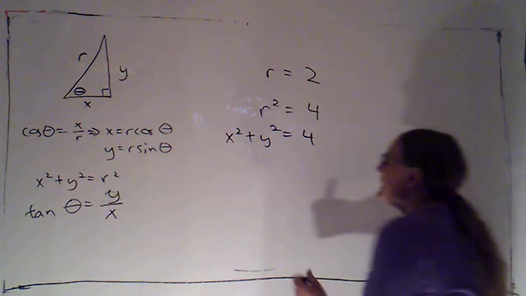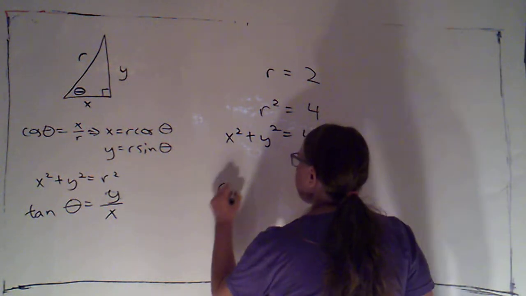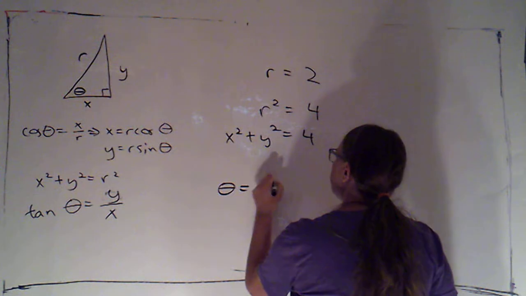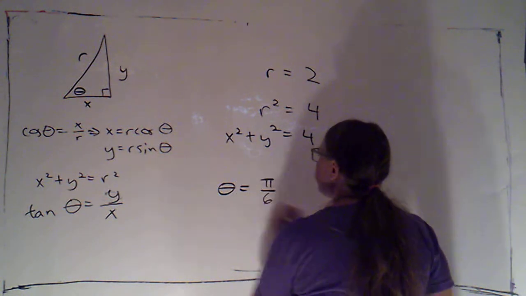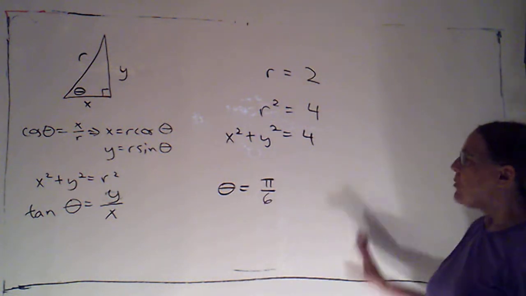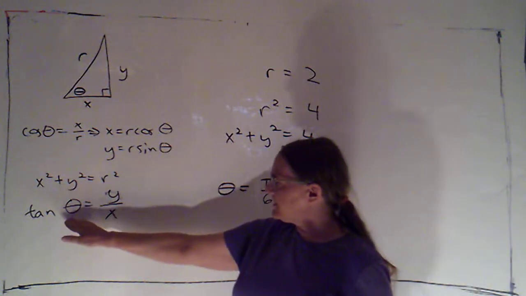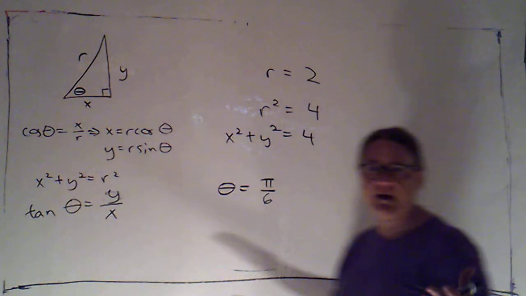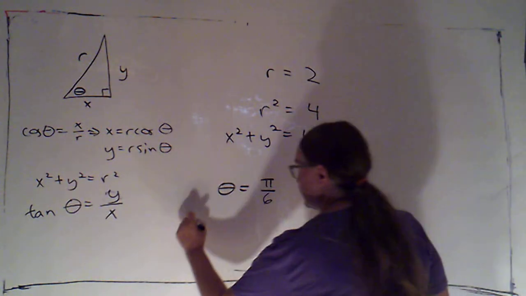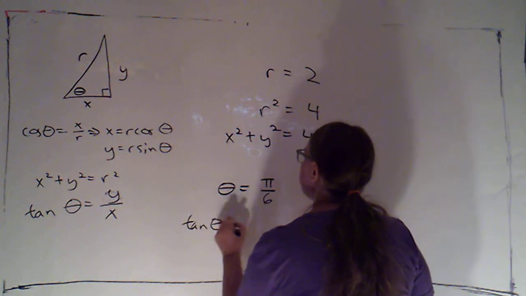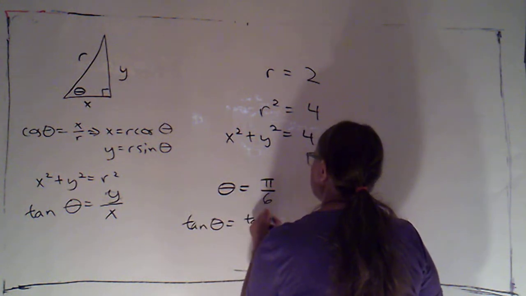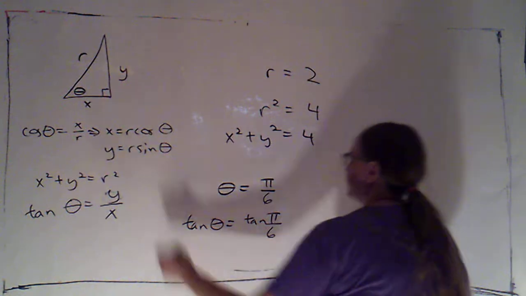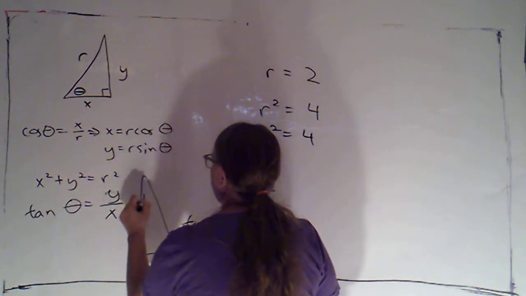Let's take a look at, let's say, theta is equal to pi over 6. Well, again, in my conversion formulas, I don't have a theta, but I have a tangent theta. So I'm going to take tangent of both sides. Tangent of theta would equal tangent of pi over 6, which of course I don't have memorized.